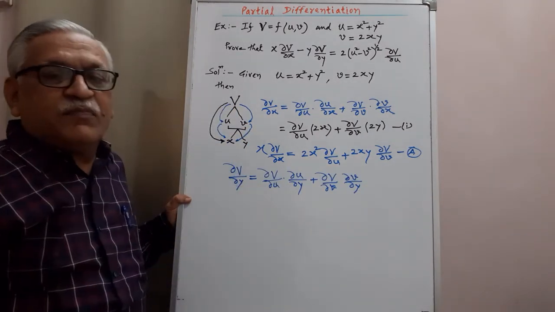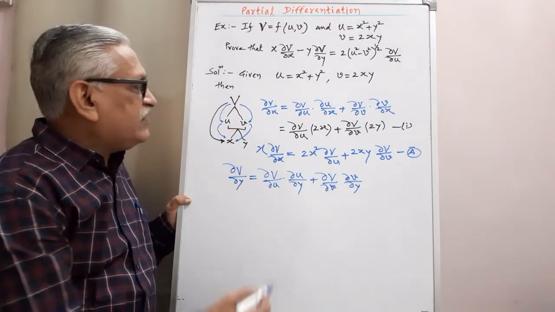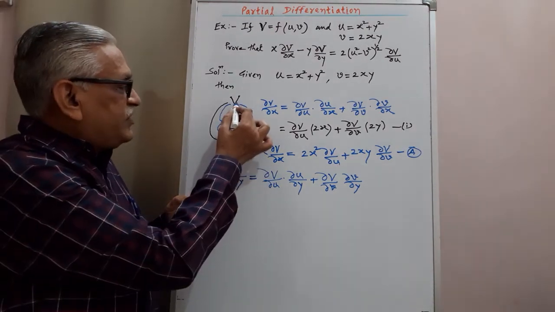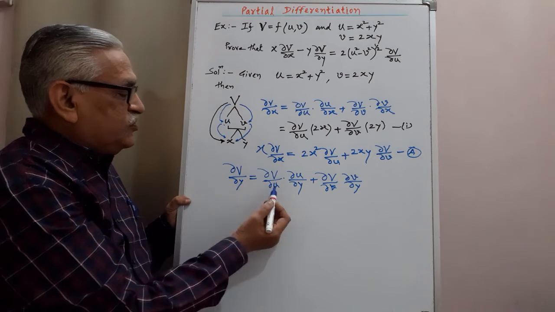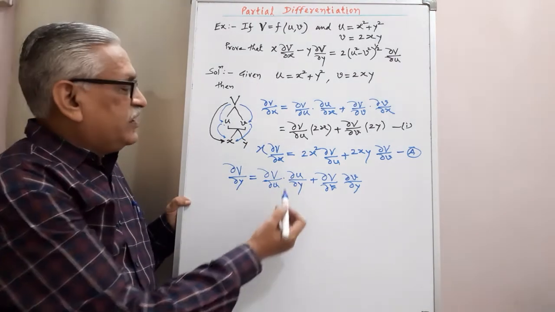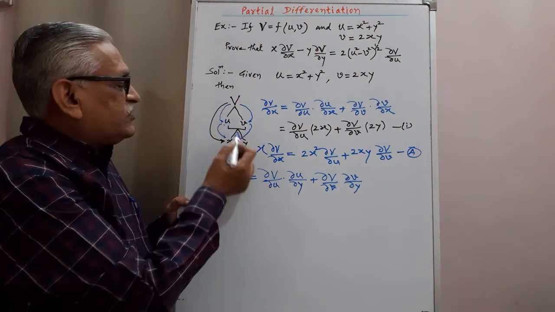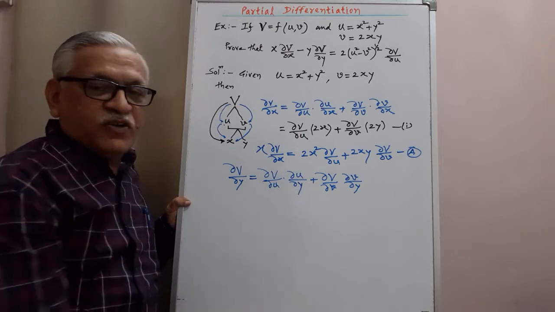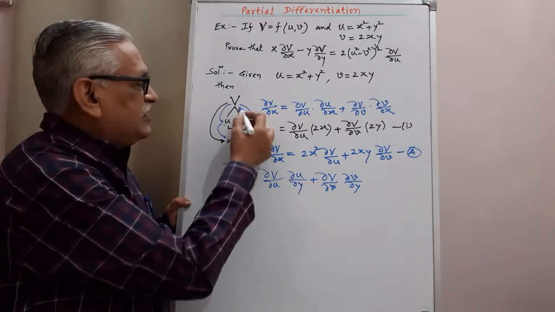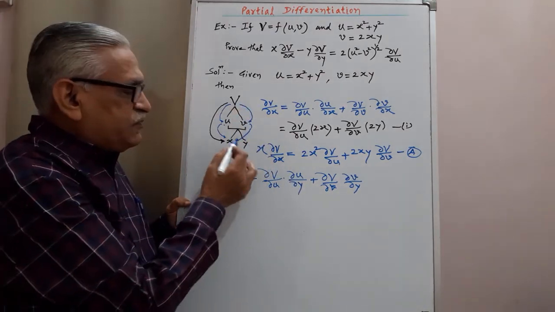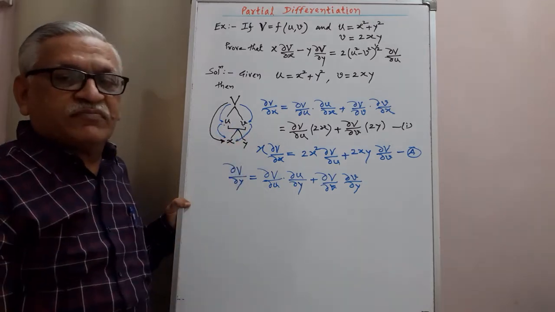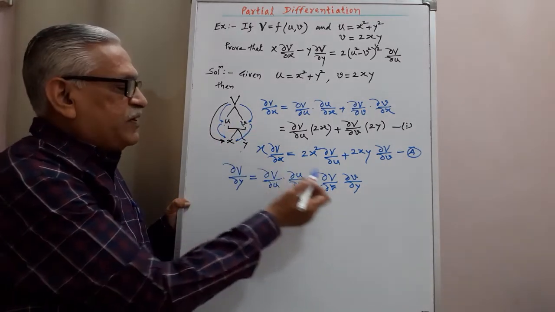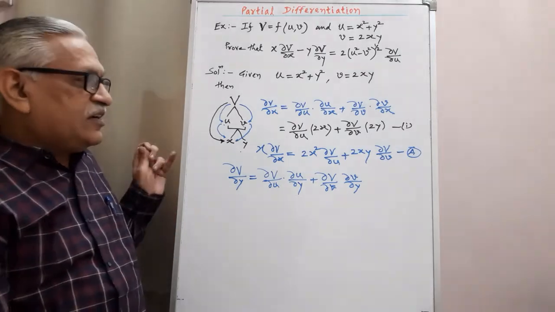To find the partial derivative dou V by dou y, we differentiate V first with respect to u, dou V by dou u, into the chain rule, differentiation of u with respect to y, dou u by dou y, plus differentiating V with respect to small v, and then v with respect to y, we get this result.